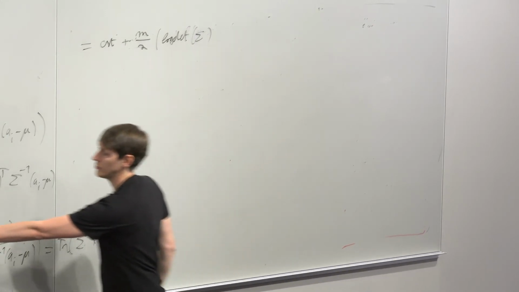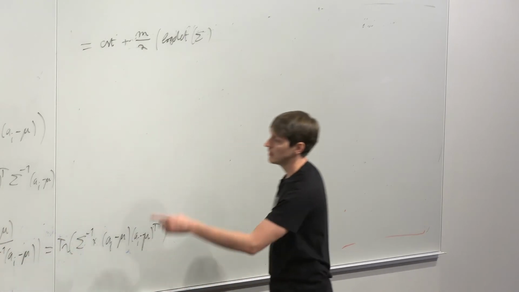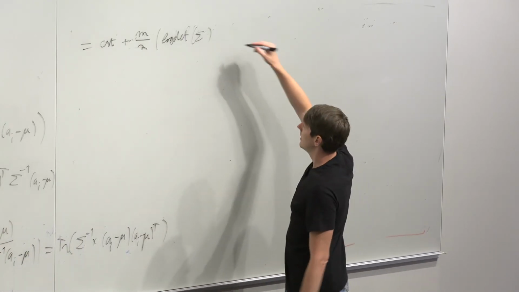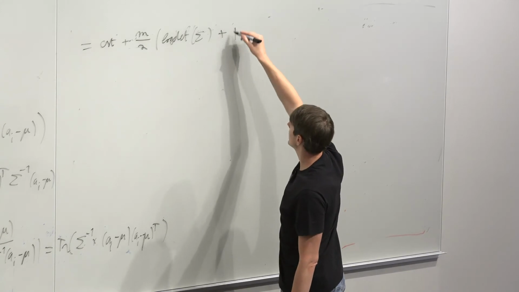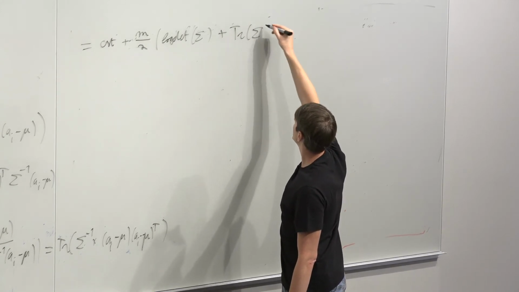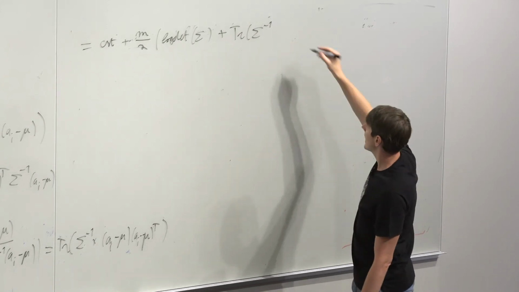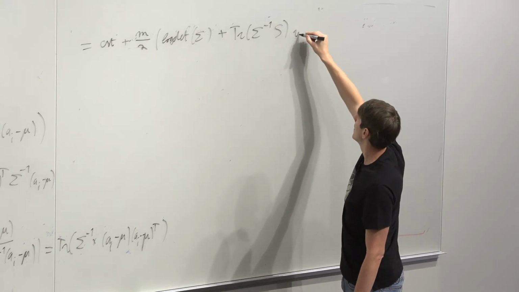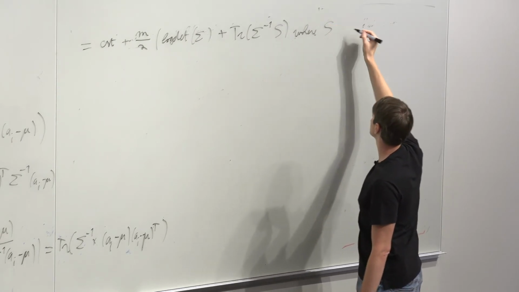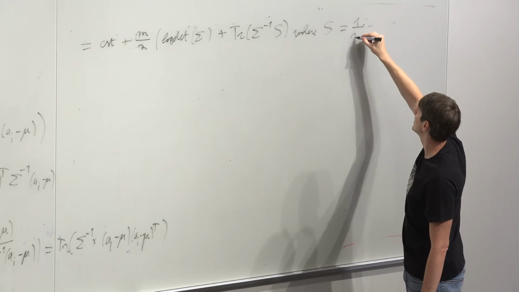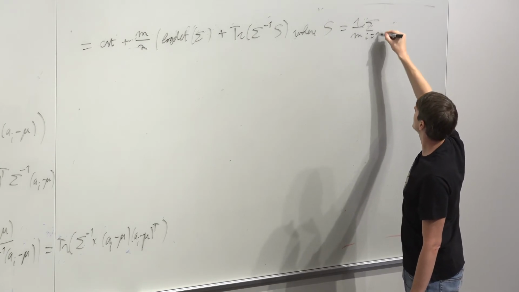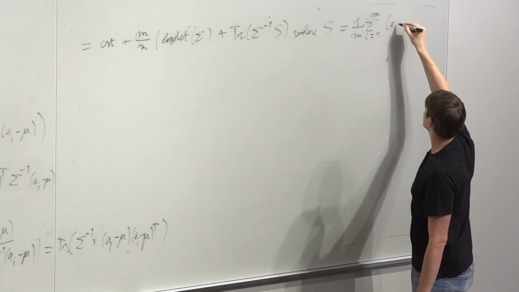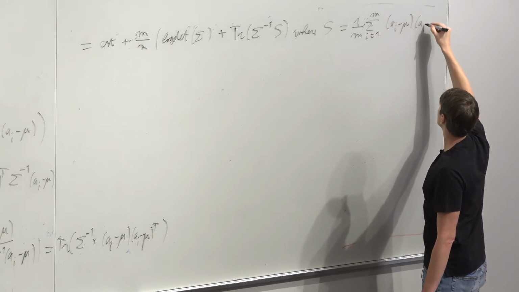Here I had the 1/2 which goes in front. I put a 1 over m, and I get the following, plus the trace of sigma inverse times S, where S is the sample covariance matrix. S is 1 over m, the sum for i equals 1 to m of ai minus mu times ai minus mu transpose.